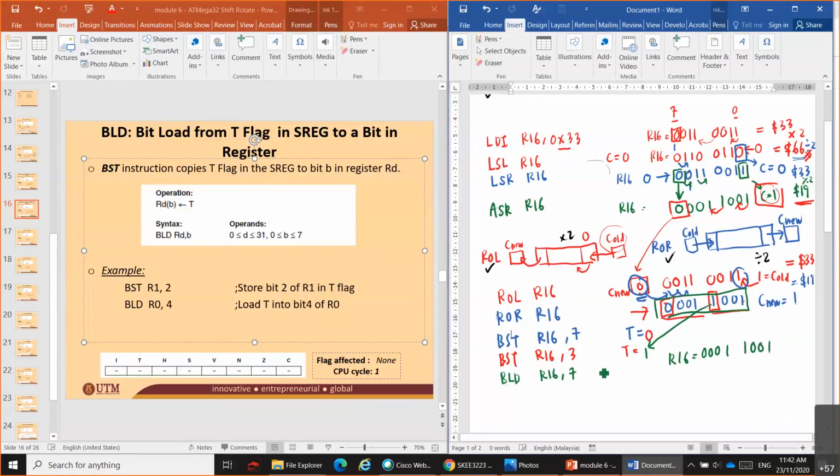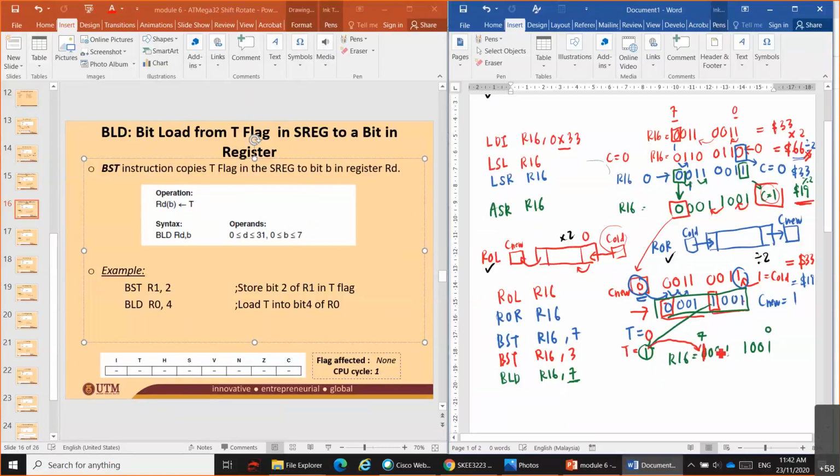Now I go to my T flag, this is its current value. I get that value and put it in the location of bit 7 of my R16. This is bit 7 and this is bit 0. This T here I put in bit 7.